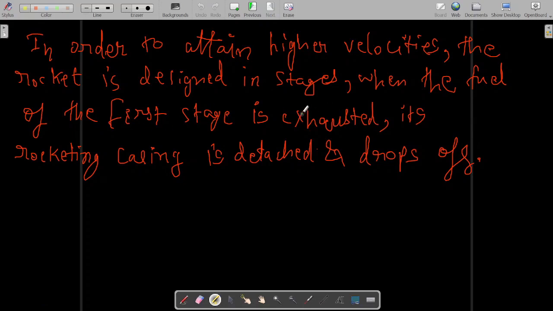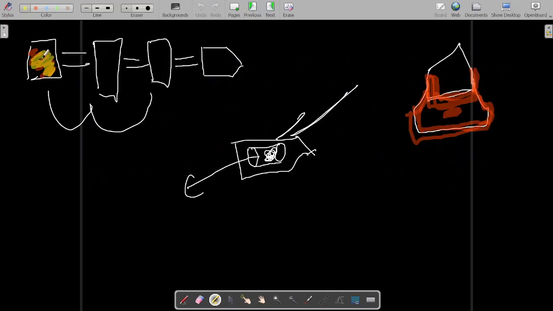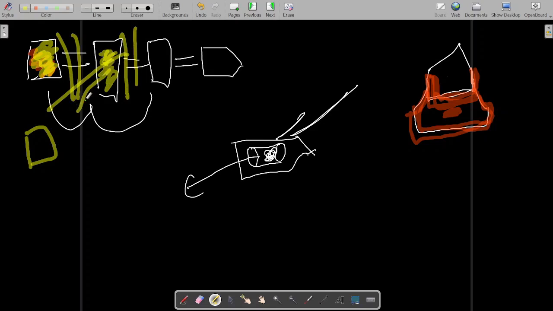When the fuel of this yellow colored part is exhausted, it is detached from here and dropped off. Then the fuel of the next part will be exhausted after some time, and this part will also be dropped off. Then the fuel of the next part will be exhausted, it will also be dropped off, and finally this will remain. So it is a 4-stage rocket.